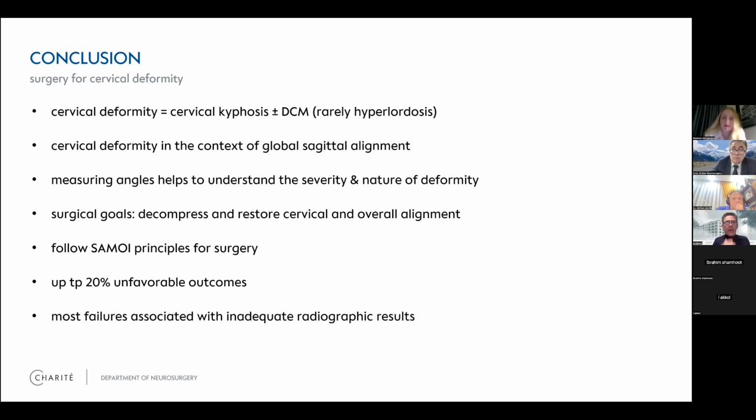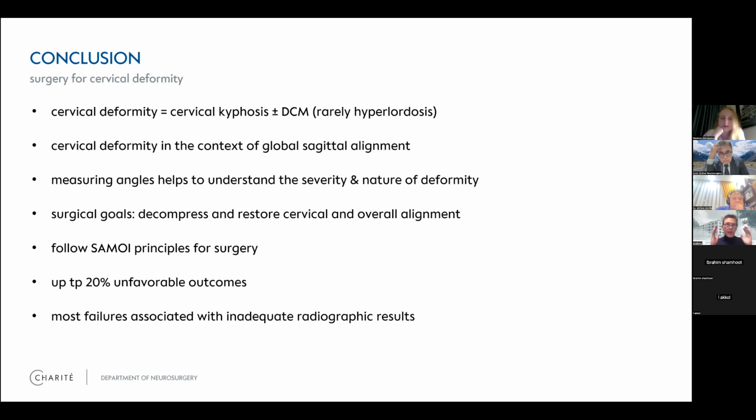You have to measure the angles that I've shown you, and this will help you to understand how severe my deformity is and what the driver, what the nature, is. We have talked about the surgical goals. It's not only about decompressing the spinal cord, but also you should try to reestablish the alignment as much as possible. I've shown you these SAM-OI algorithms, the different principles for the surgery.